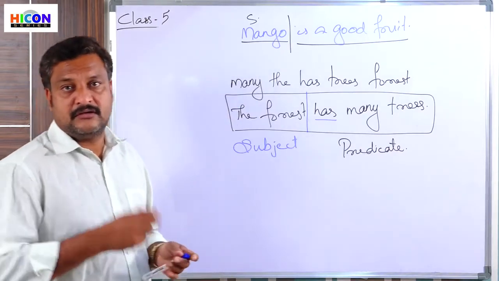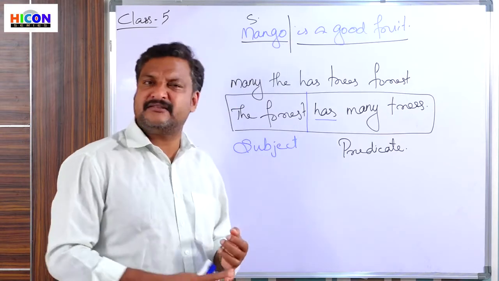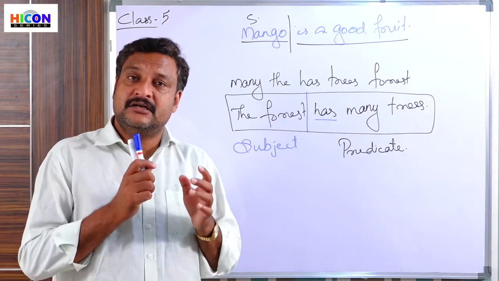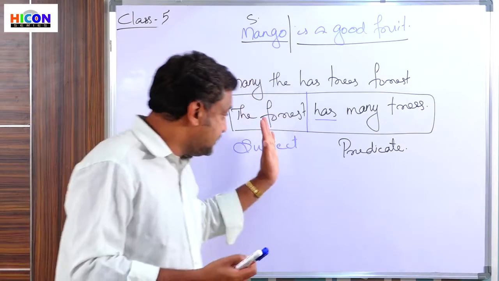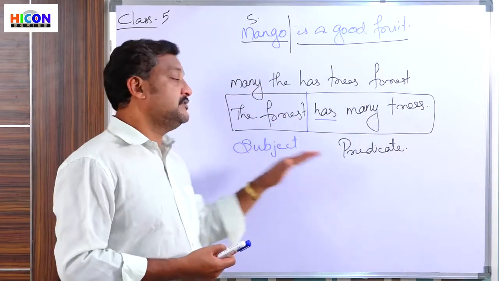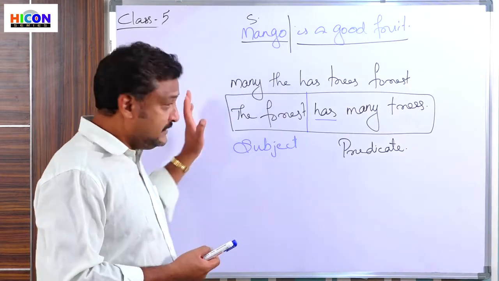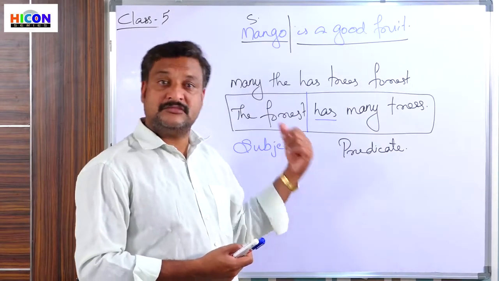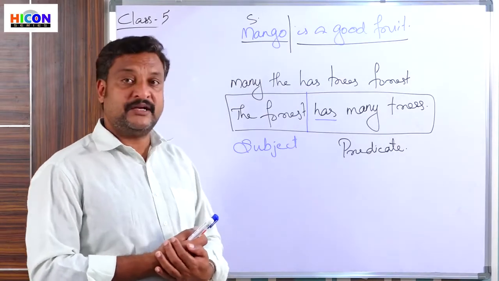The names of a person, place, or thing, usually nouns, will be the subject. We can simply say the doer of the action is called the subject. The remaining part, what we say about the subject, is the predicate.